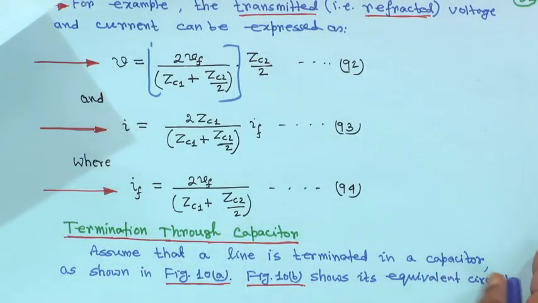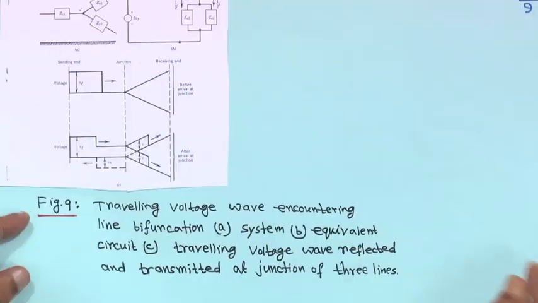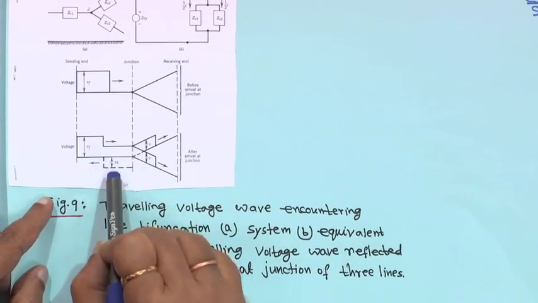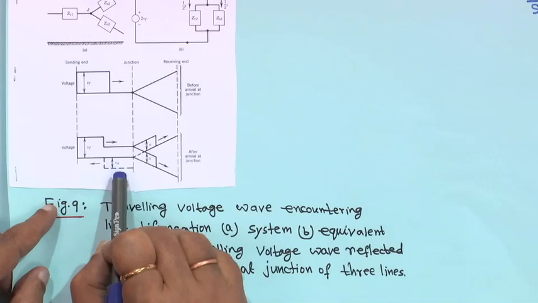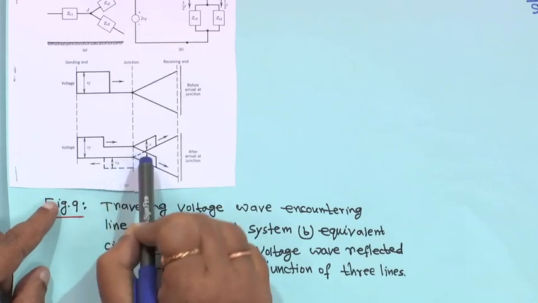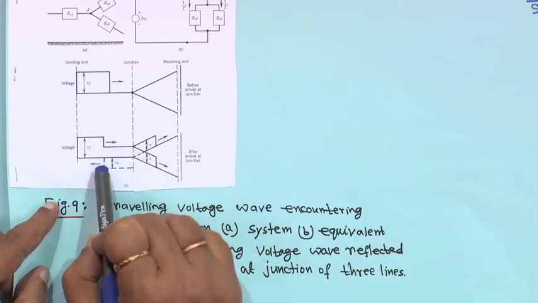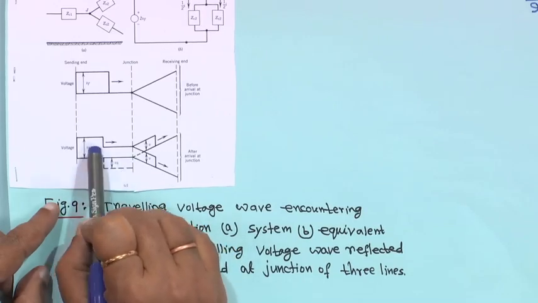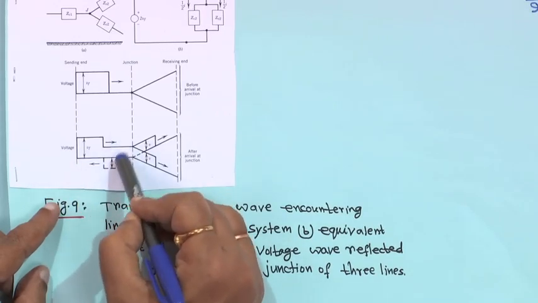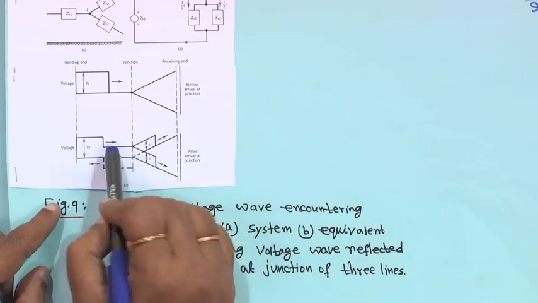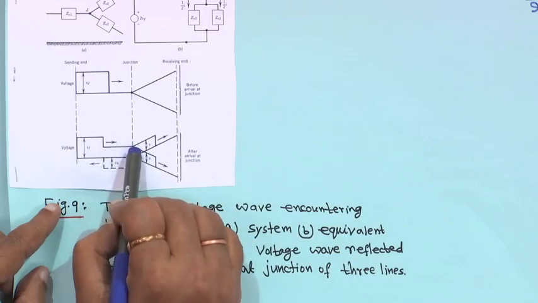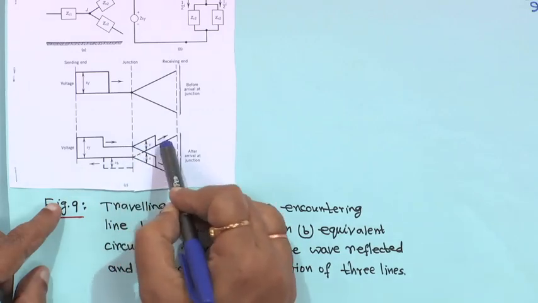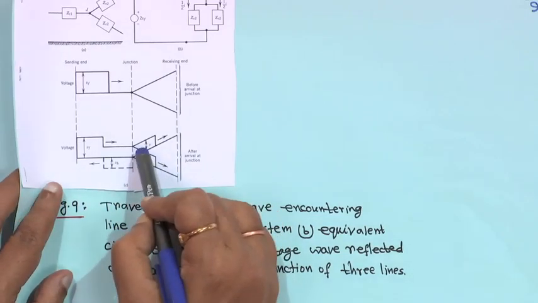The reflected voltage is minus Vb, travelling from right to left, so naturally the effective magnitude will go down. This is the junction point, and V is the receiving end side voltage.